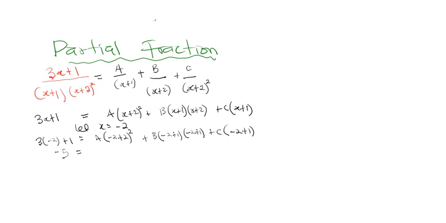The value of a will give you 0, since negative 2 plus 2 is 0 squared.